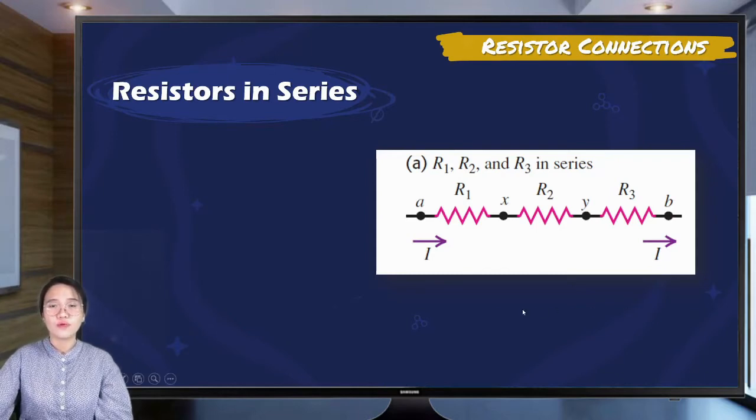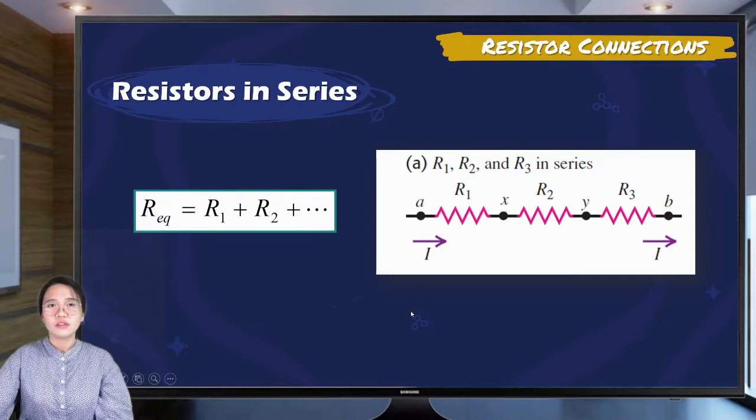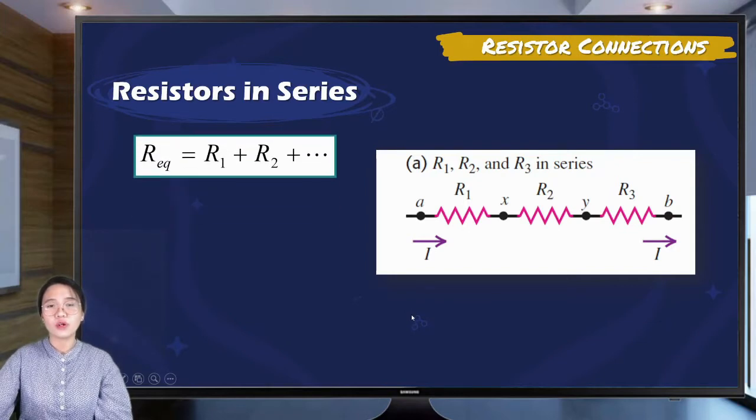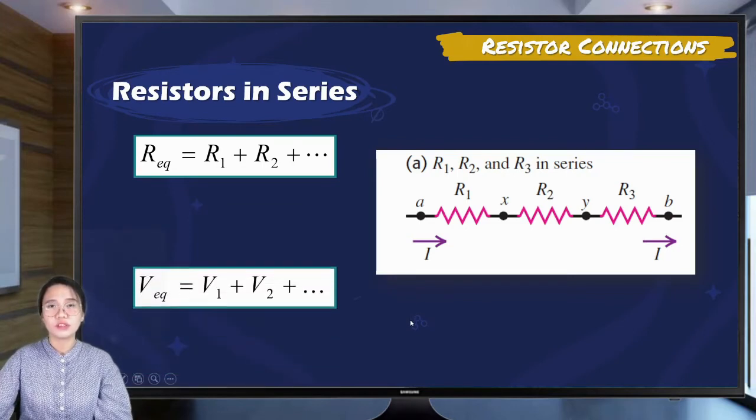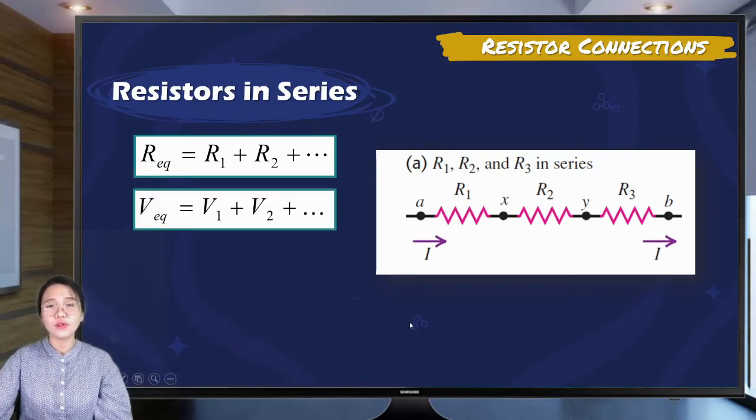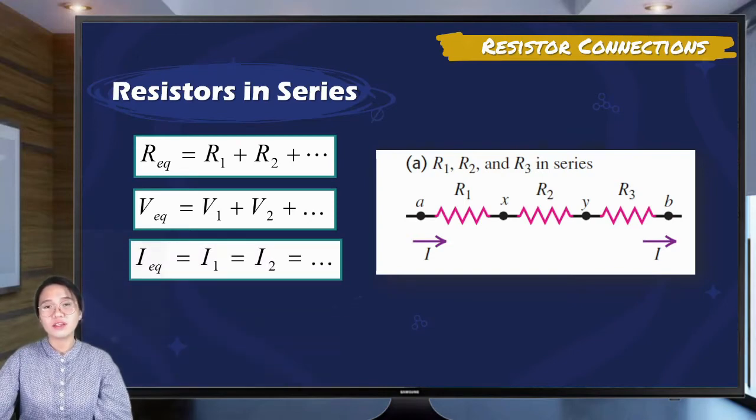For series connection, we have here the equation: your equivalent resistance is equal to the sum of the resistances of the resistors. Then we have the voltage. From your source, the voltage will be divided among each of your resistors, while the current in each resistor is the same.